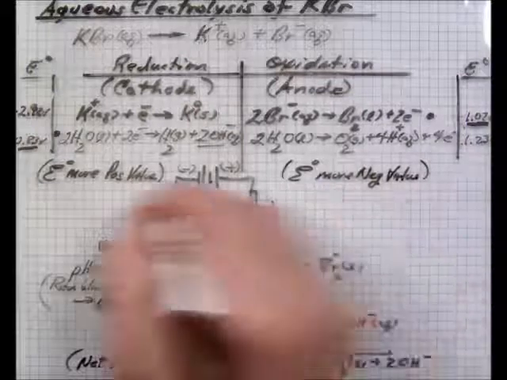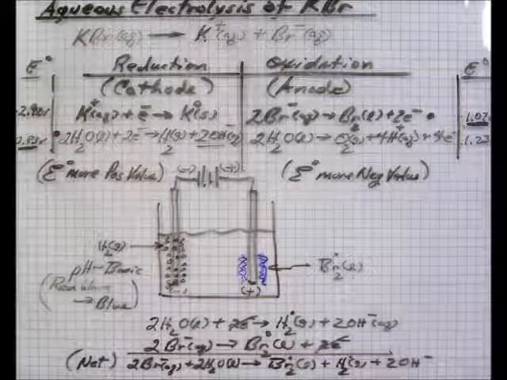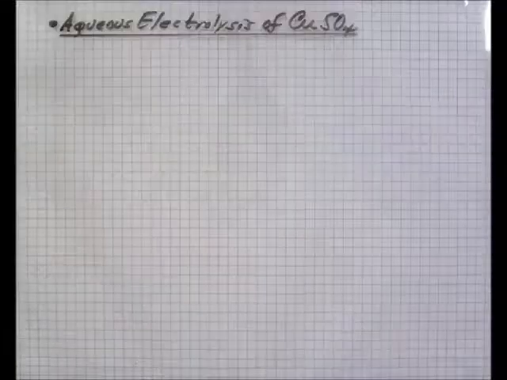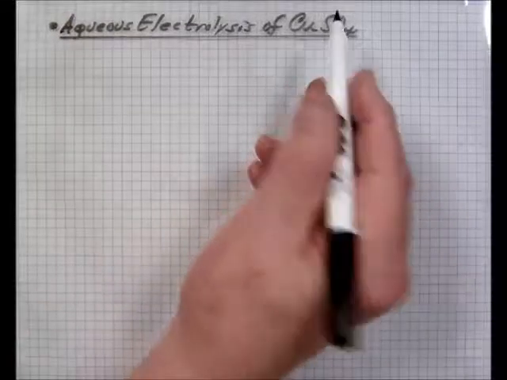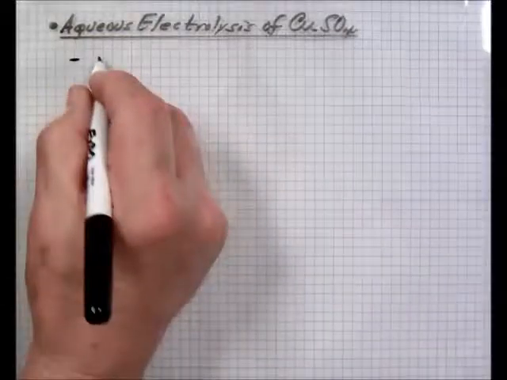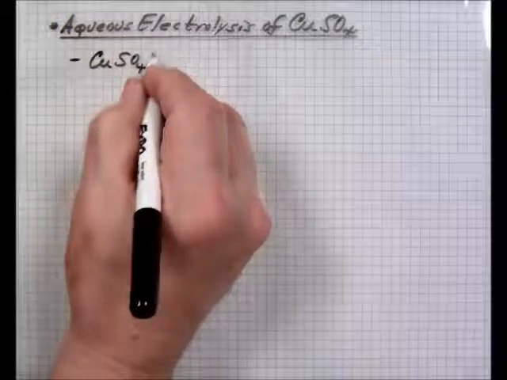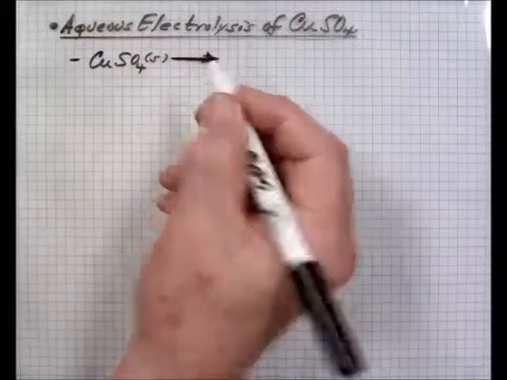So we'll use this idea in working through the next oxidation reduction sequence. Okay, now let's look at the aqueous electrolysis of copper sulfate here, and again we need to start with the ionization. Copper sulfate as a solid, we put it into aqueous phase.